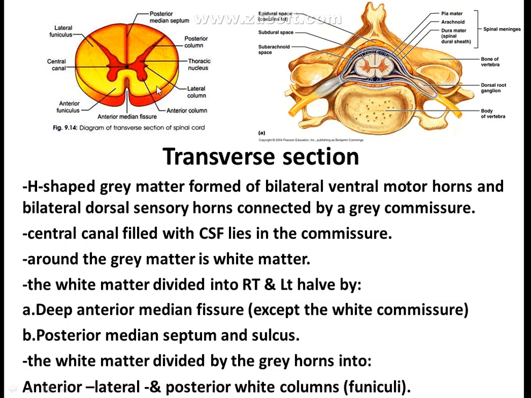The white matter is divided into right and left half posteriorly by the posterior median septum, which is an extension from the pia mater adherent to the surface of the spinal cord.